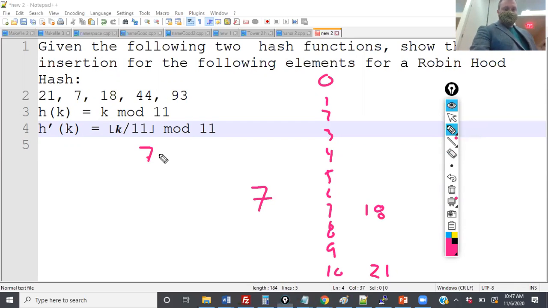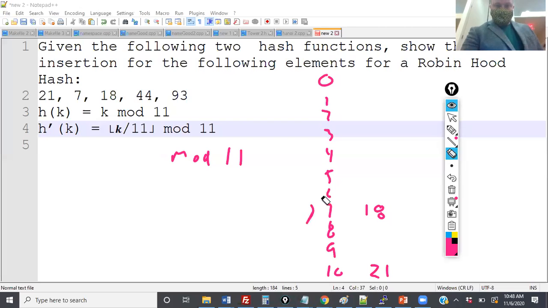And that's going to give us 7. And so now we have a problem here. And so then we would end up rehashing. I apologize for this. Let me make this 8 just to be clear.